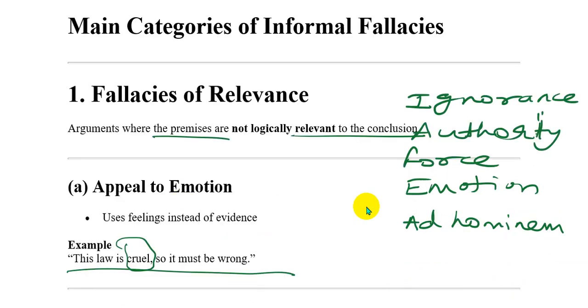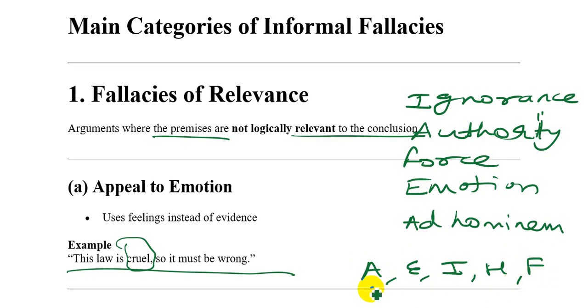So we can rewrite this, in relevance, as A, E, I, H, F. A is for appeal to authority, appeal to emotion, appeal to ignorance, ad hominem, and appeal to force.